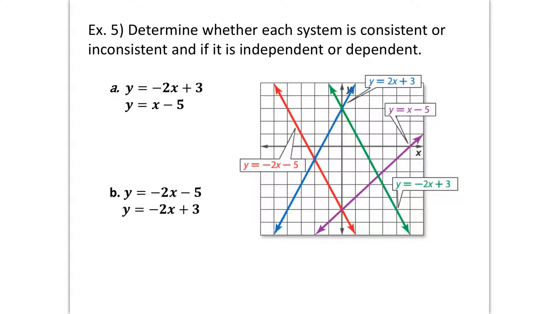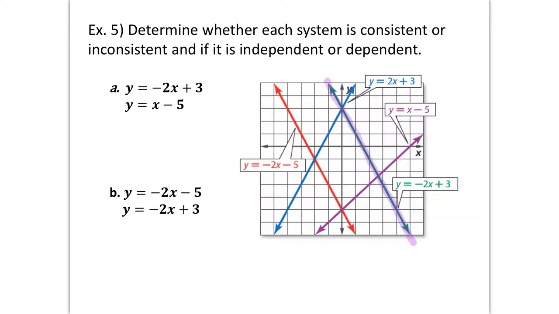So let's go ahead and find out the two lines. I'm going to highlight the two lines so we can see what we want to compare. So I'm looking at the graph y equals negative 2x plus 3. So that's the green line right here. Let me just highlight that so I know we are looking at this graph here.